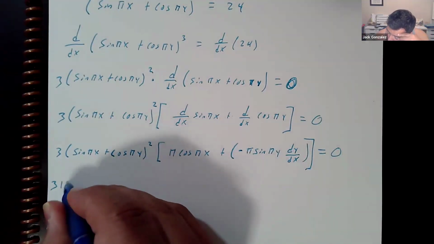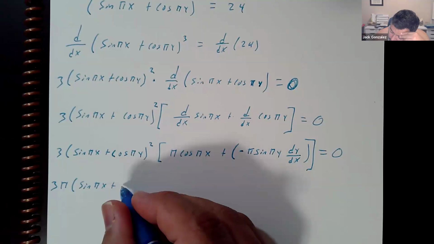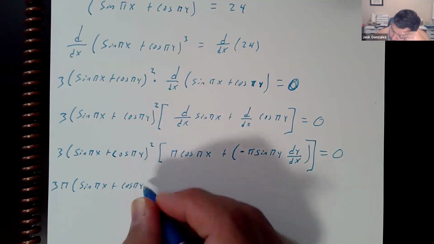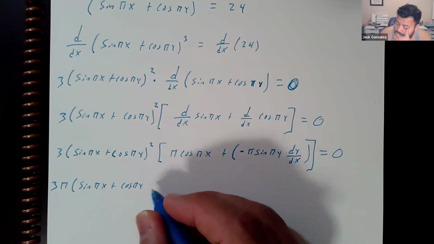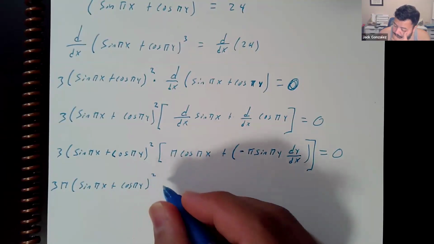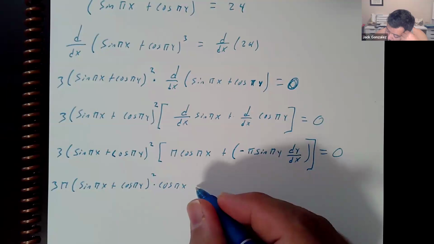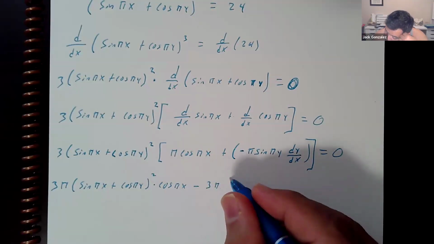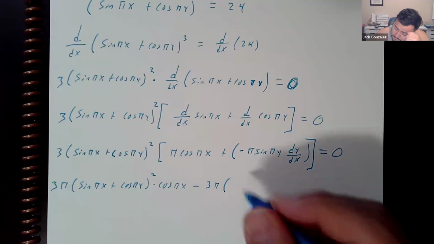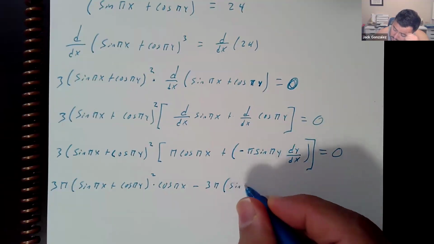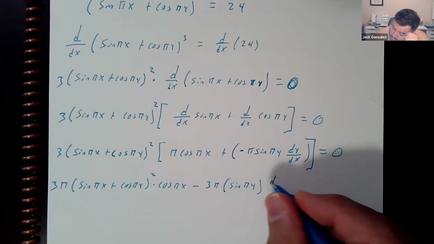It'll be 3 pi times cosine pi x, minus 3 pi times sine pi y dy/dx.